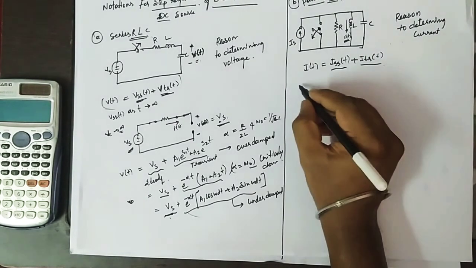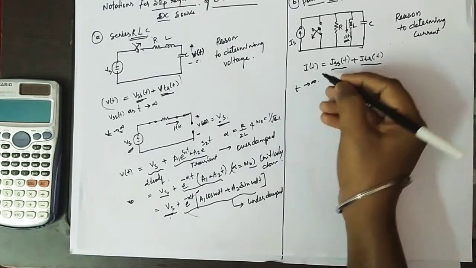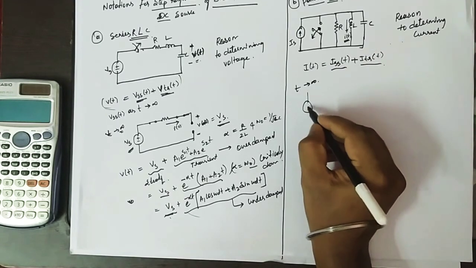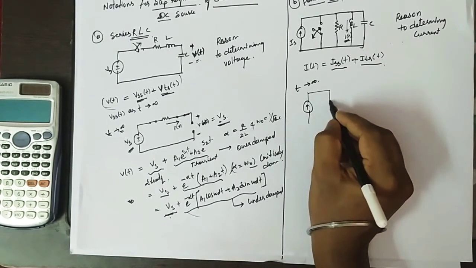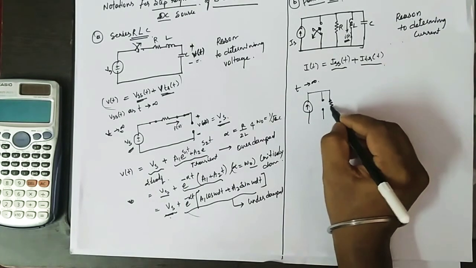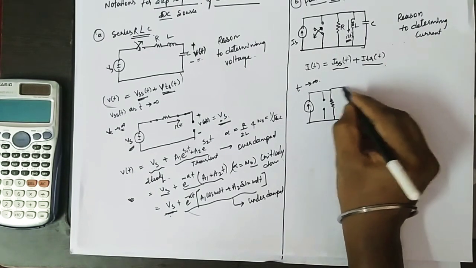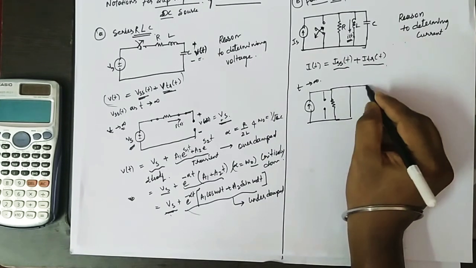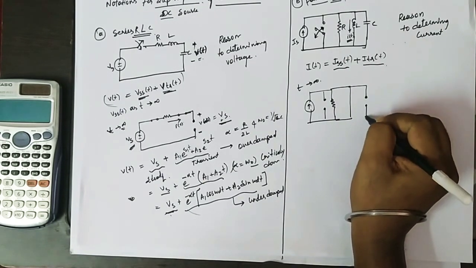Steady state means at t tends to infinity, the switch is opened, the inductor gets shorted, and the capacitor is open.